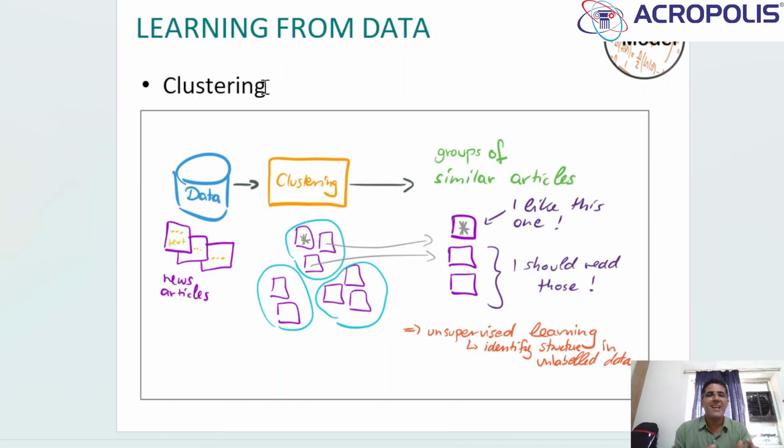We create cluster sets based on properties, and a new article will belong to cluster 1, cluster 2, or cluster 3, right? So we group similar articles in one cluster and other kinds of articles in different clusters. This is a rough introduction.